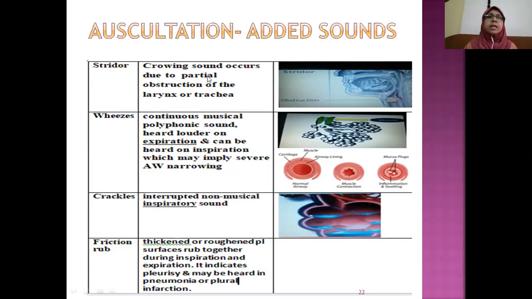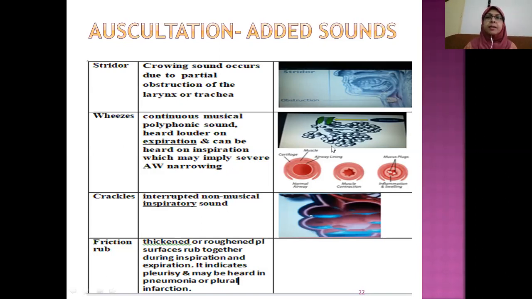Again, I have discussed that stridor is a crowing sound that occurs due to partial obstruction of the larynx and trachea. Here you can see this is stridor. You can listen to it during the phase of inspiration.